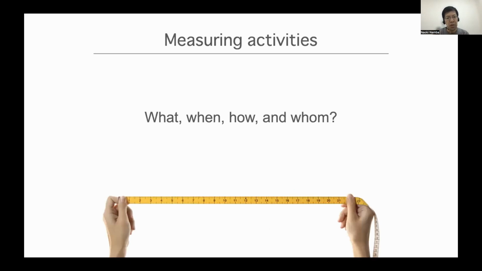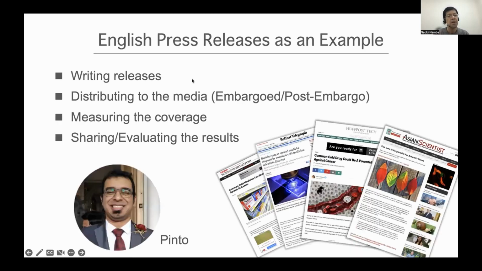When measuring activities, I think it's important to consider what to measure, when to measure, how to measure, and with whom you share the results. I cannot address all of these, but I will talk about some of these. So let me take our English press releases as an example.